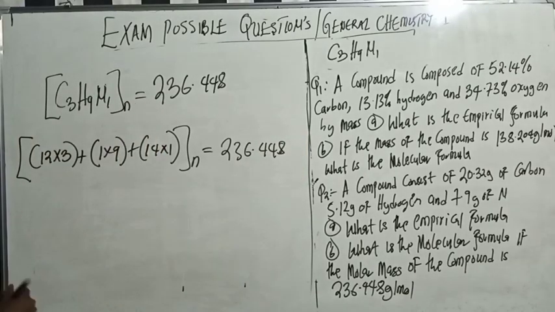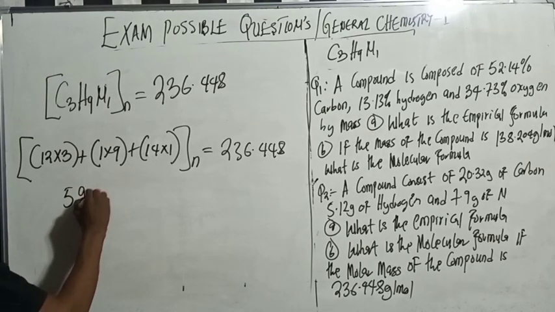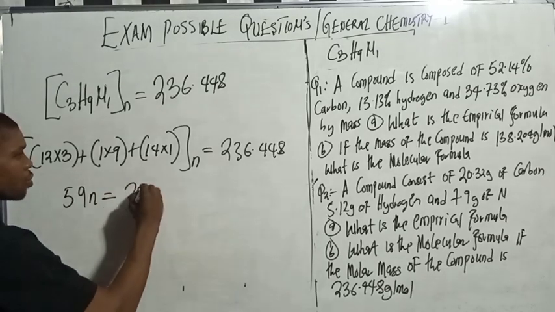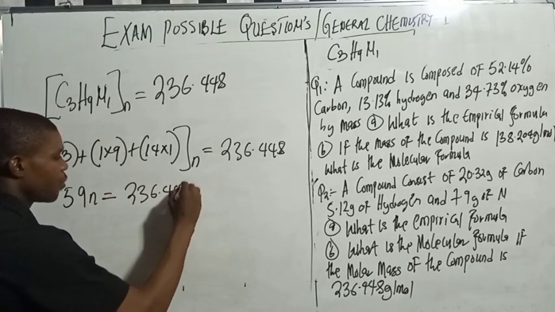Let's do this one together. 12 times 3 plus 1 times 9 plus 14 times 1 gives 59.